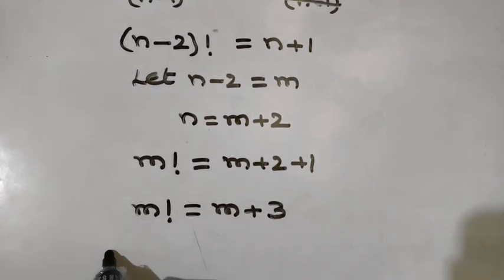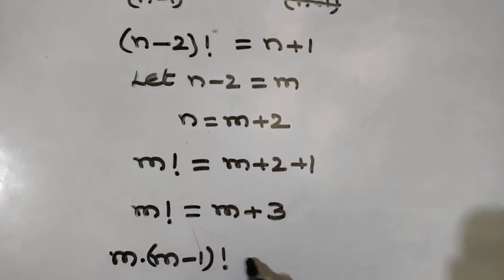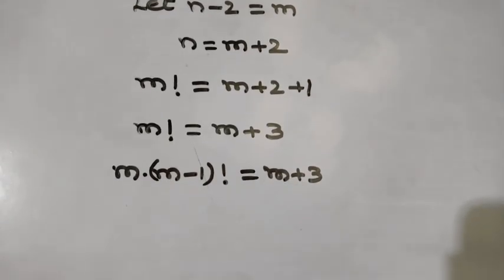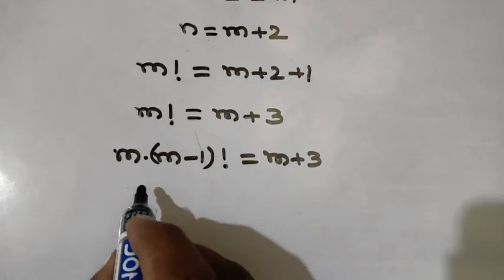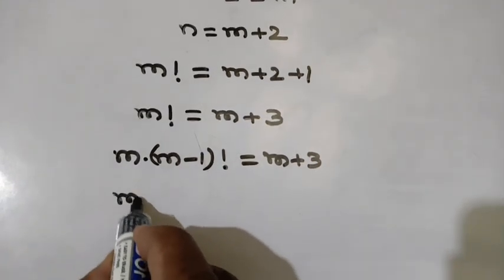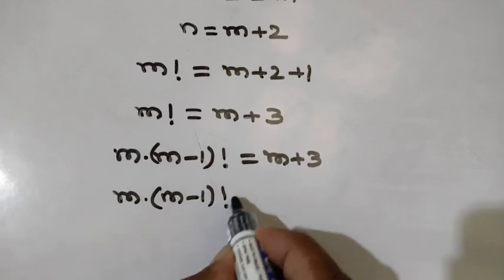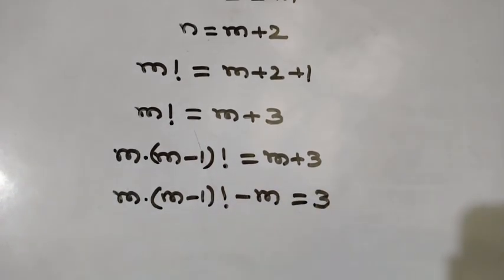Now write m! as m times (m − 1)! = m + 3. Bringing m to the left hand side and making the right hand side equal to the number 3, m times (m − 1)! − m = 3.